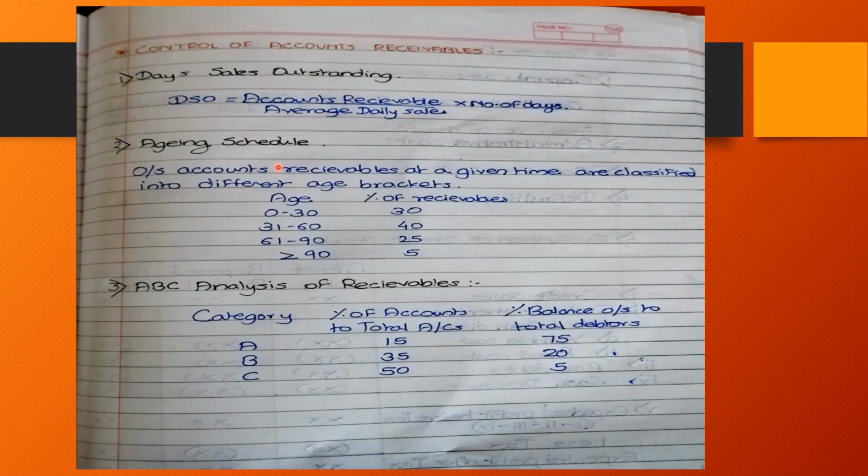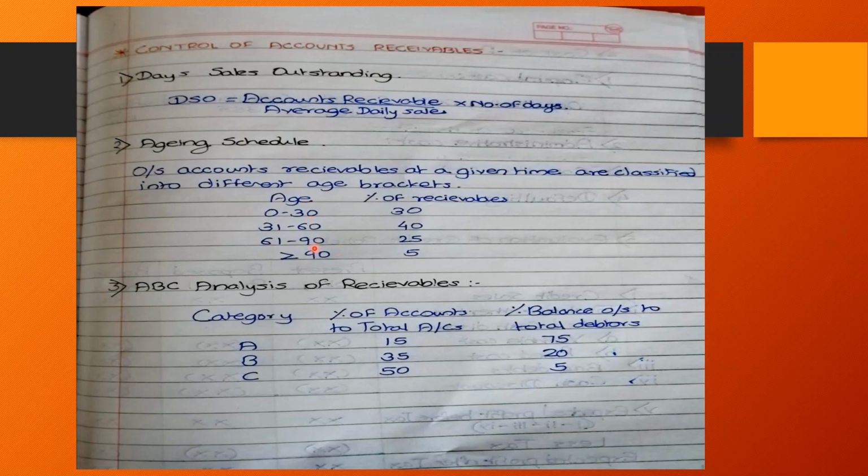Next is aging schedule. It is again a very easy concept where the debtors are classified according to their age. The real purpose behind that is, as we know, 0 to 30 and 31 to 60 is the earning age group, who have the capacity of repaying more, and 61 to 90 and 90 and above are the age groups which is generally a retirement age group where the earning capacity is low.